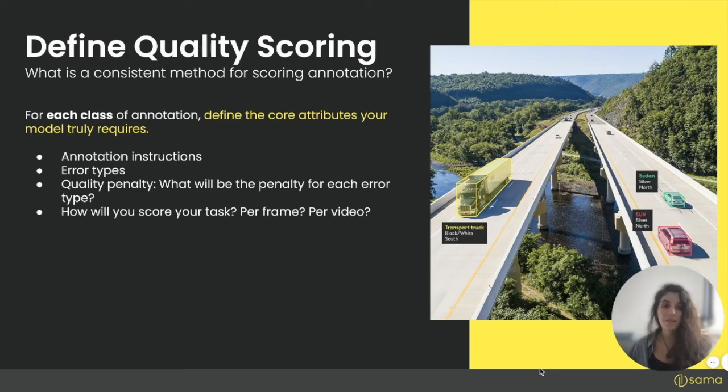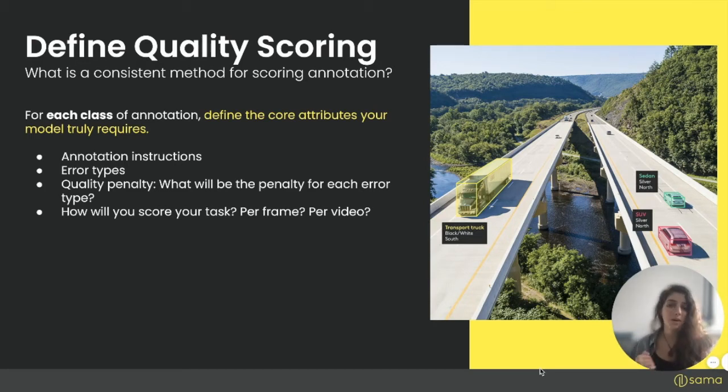Then once you do have amazing annotation instructions, we can think about error types. Because all the instructions are very well defined, we can easily identify what are the type of errors that they might be making. So missed objects, well, I'm going to talk through the error types in my next slide. But in general, it is really important for you to identify the errors and how important these errors are for your model.